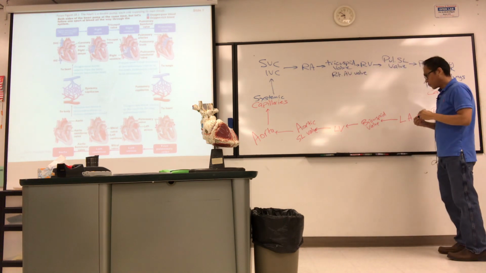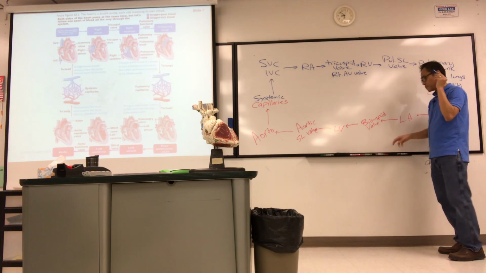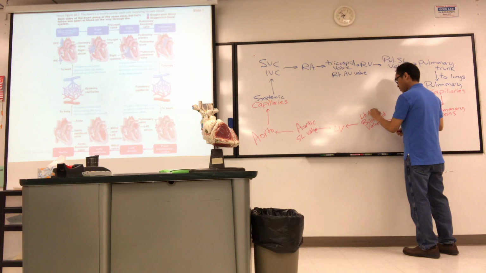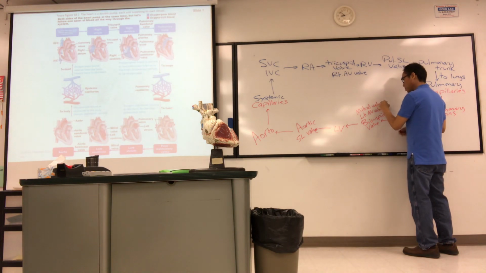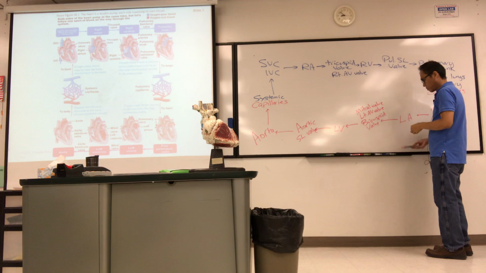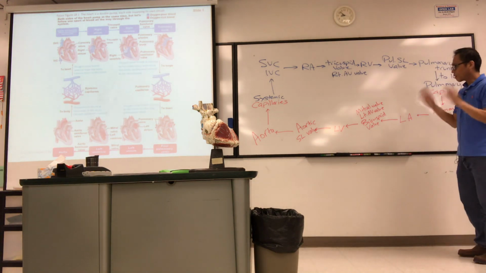The bicuspid valve we could also call the left AV valve. It's also called the mitral valve. It goes by all of those. Someone thought it looked like a bishop's mitre, so mitral valve. We call it all of that.